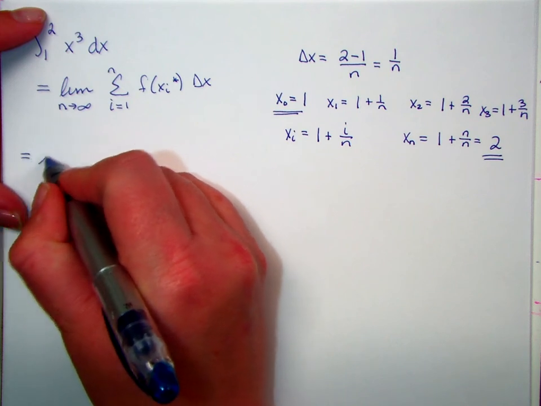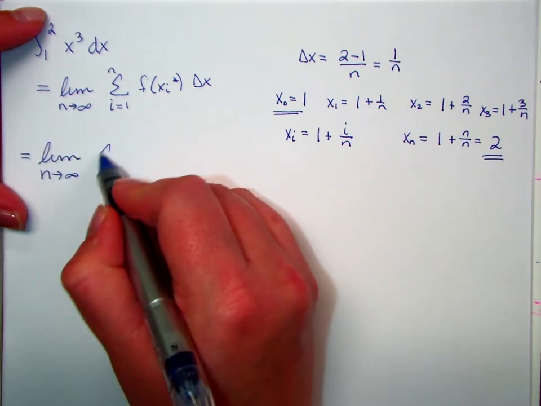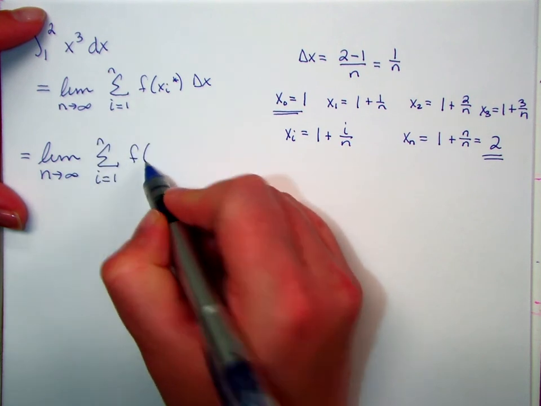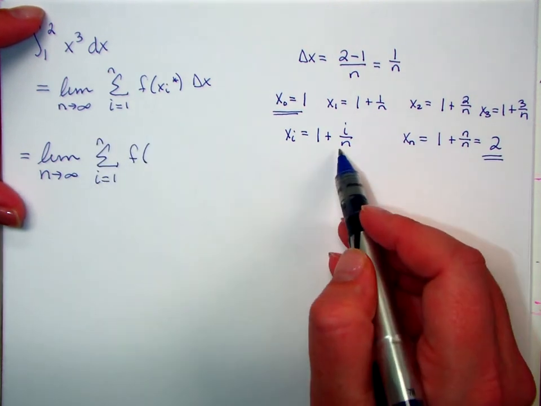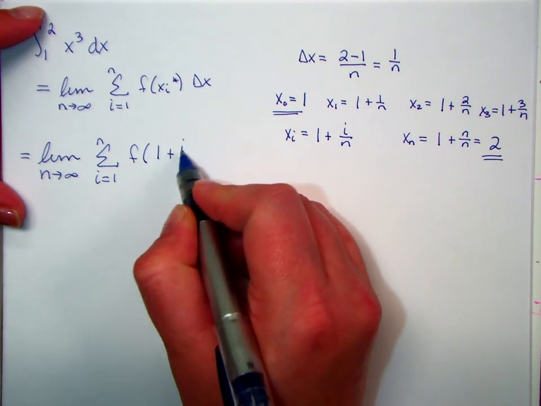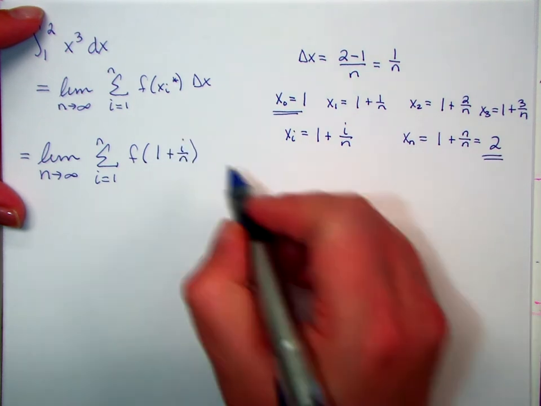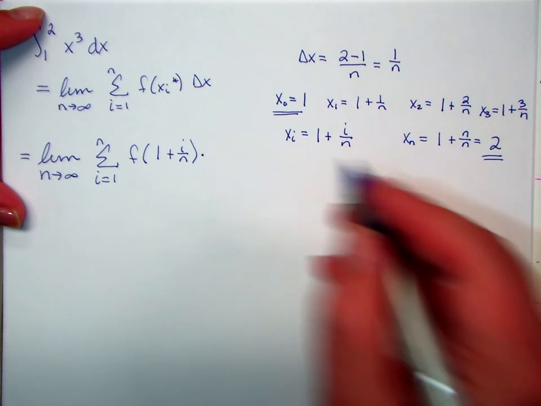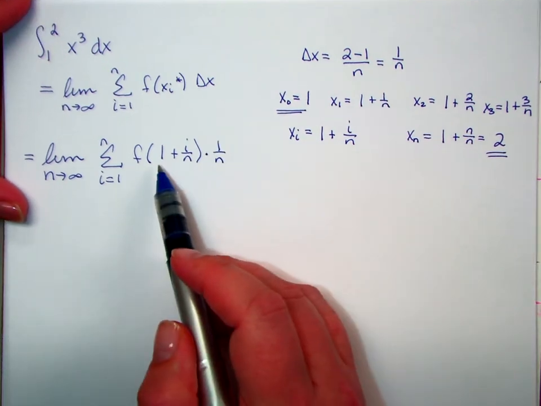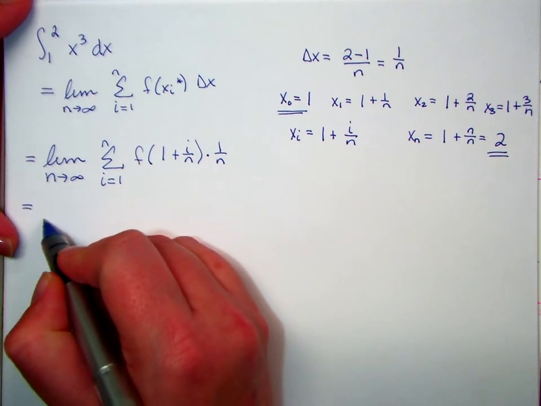So I get the limit as n goes to infinity of the sum from 1 to n of the function at x sub I. I'm not using the star here, we're just going to use x sub I. We plug 1 plus I over n into this function, and then multiply that times delta x, which is 1 over n, in order to calculate this limit.